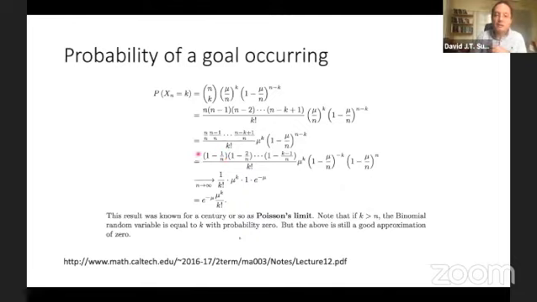When we let n go to infinity, all of these terms become 1. This term becomes 1. This term becomes 1. This term becomes 1. Over 1 here. k factorial is not affected by n going to infinity. Mu to the k is not affected by n going to infinity. This thing here, well, you've got mu divided by n going to infinity, so this thing just goes to 1.